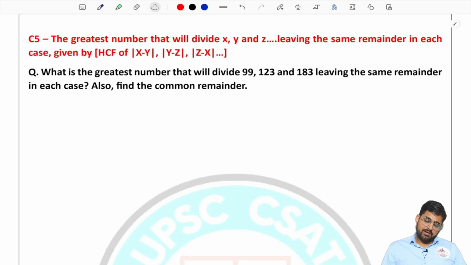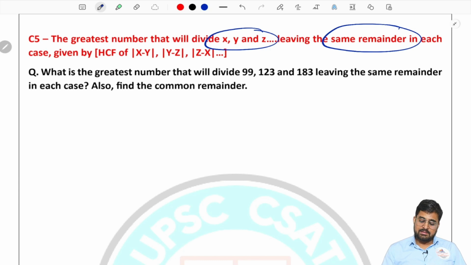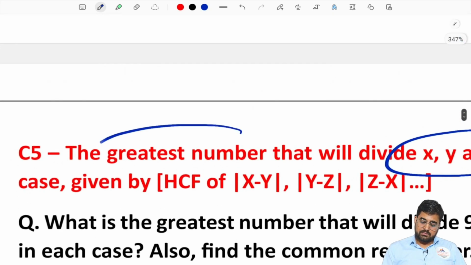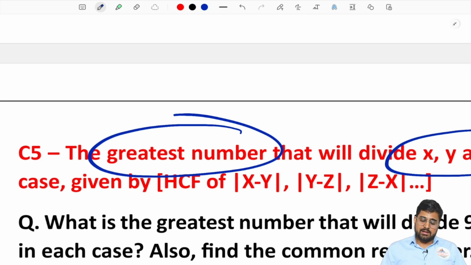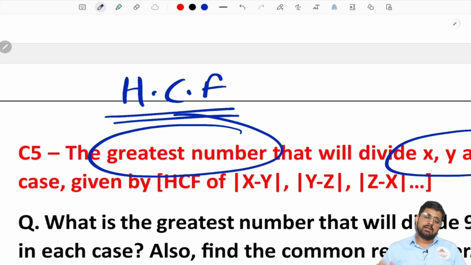Now concept 5. Concept 5 says: the greatest number that will divide x, y and z, or however many they are, leaving the same remainder in each case. One thing is clear, they are asking about the greatest number. When you see the greatest number, it is sure that you have to take the highest common factor.